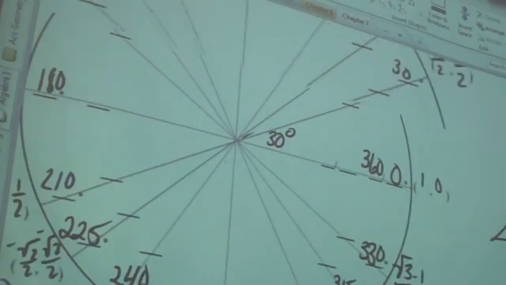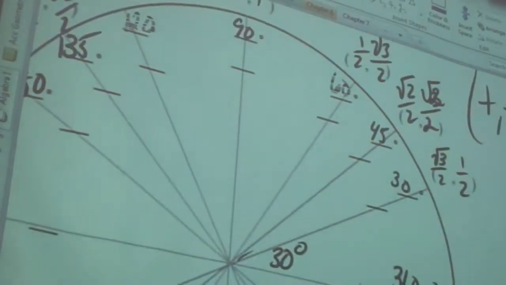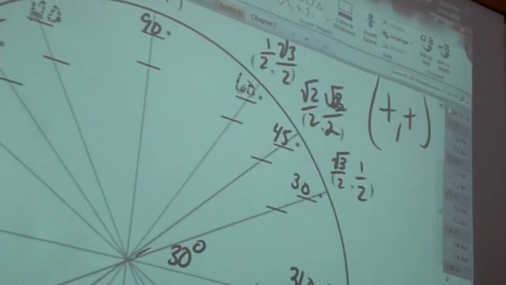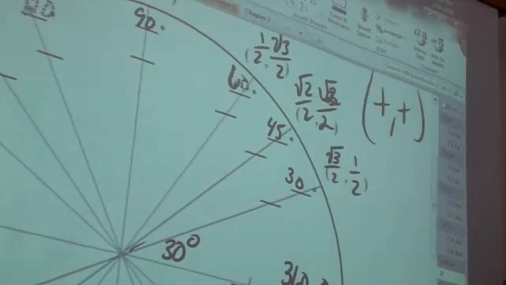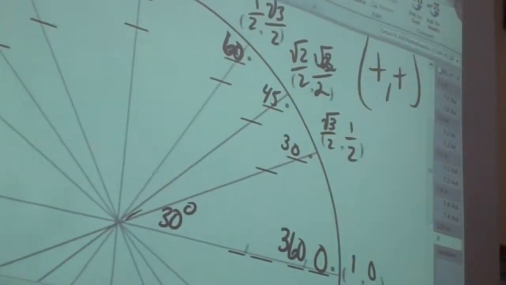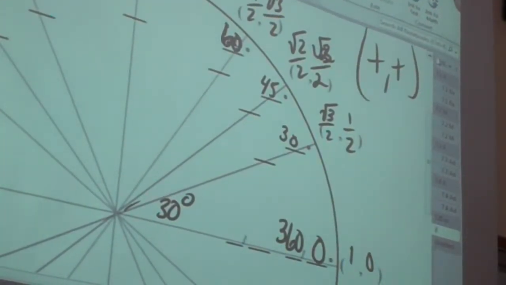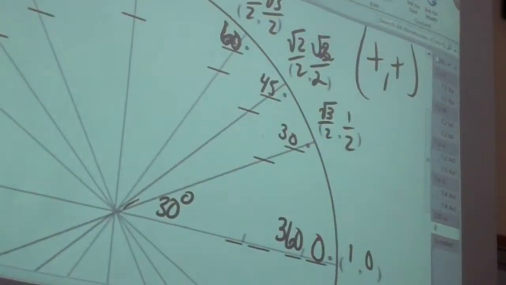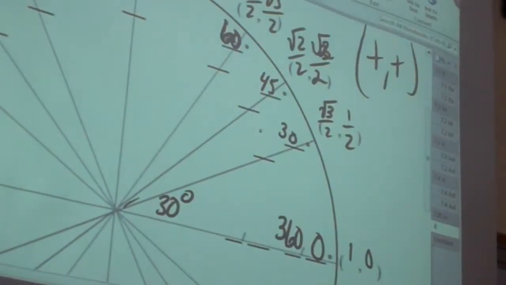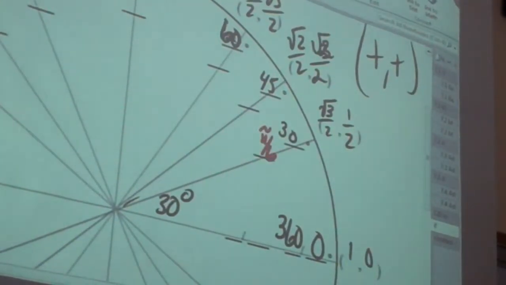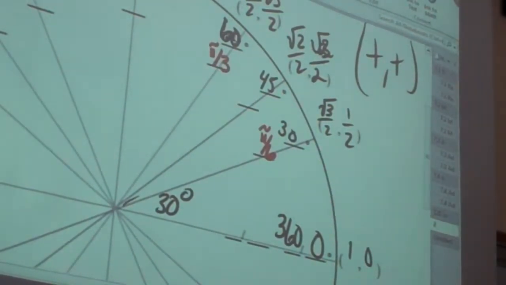I'm just going to do the top half. So what do we know about 30 degrees? It's pi over what? 6. I add 1/3. It's going to be pi over 3. 5/3. Okay, because it's 2/3.